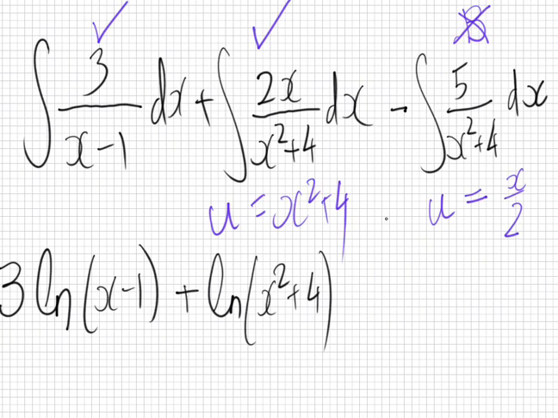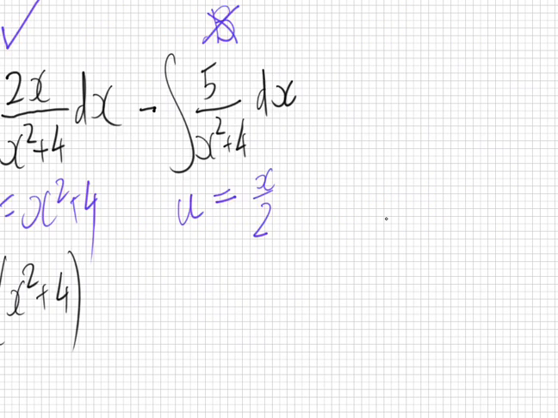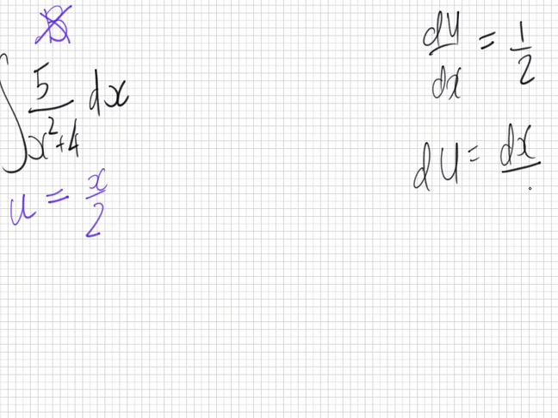Now, the last one here, this is, like I said, only for the science and engineering students, so I'll try and do it quickly on the side here, okay? So, what does du dx equal? That would be a half. So, du equals dx over 2. So what does dx equal? 2 du.